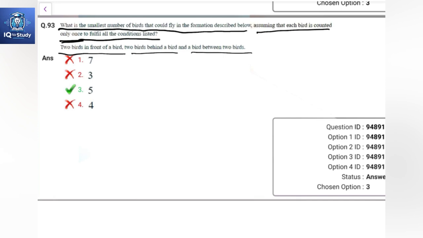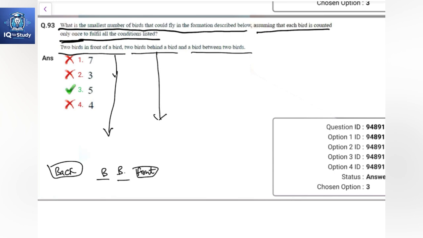Two birds in front of a bird means, let it be back and let it be front. The first condition is 2 birds in front of a bird. So here will be 2 birds. And next is given as 2 birds behind a bird.